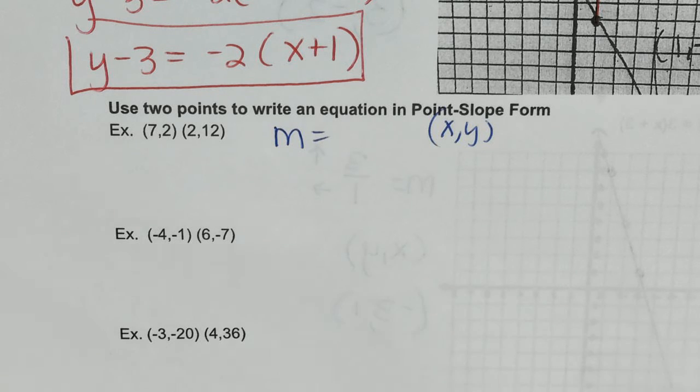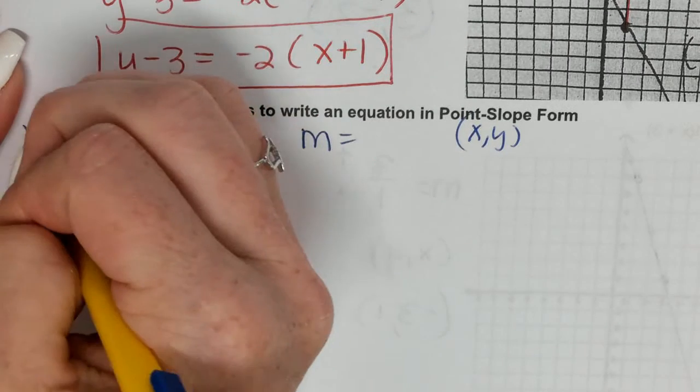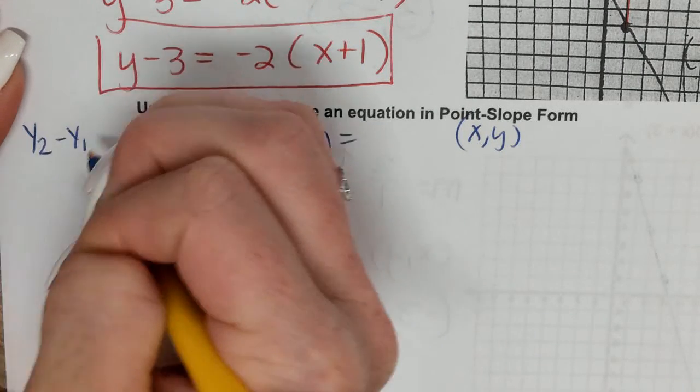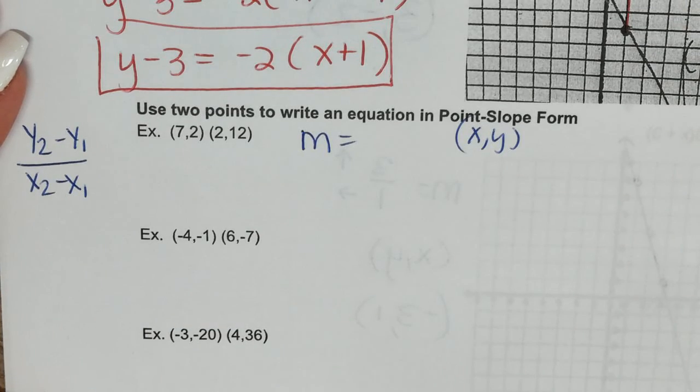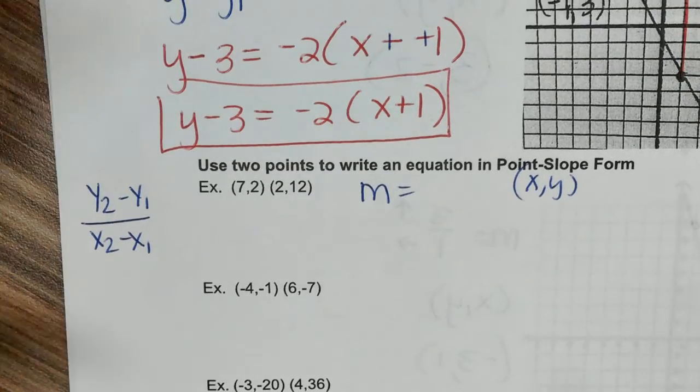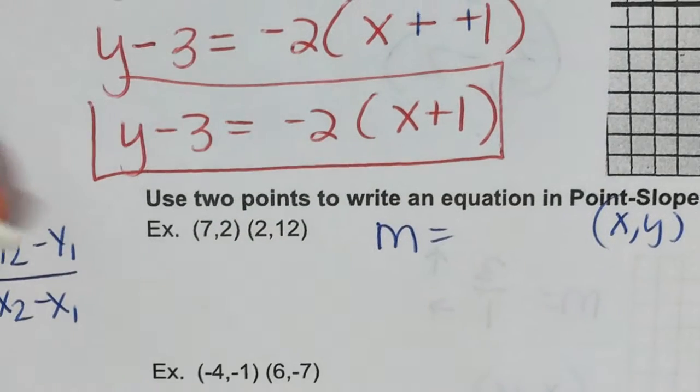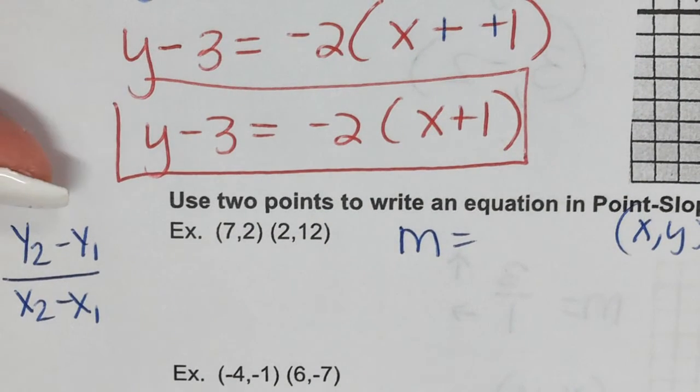Now, could you go to stat to get your slope? Yeah, absolutely, if you want to. Or you could use slope formula. Yes? What is slope formula? y2 minus y1 over x2 minus x1. Now, some of you were mixing up this formula and doing it wrong. So let's make sure you're good.